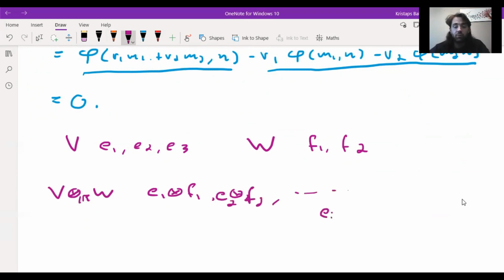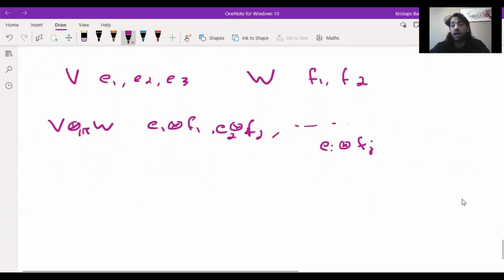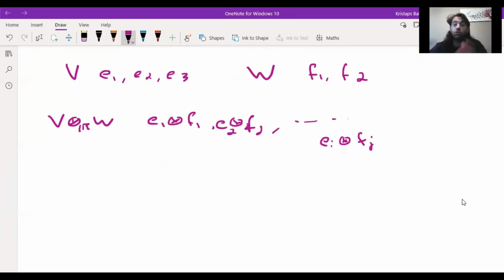So in general, it'd just be the Ei tensor the Fj. This would form a basis. In total, you would have 6 elements. So the tensor product is multiplicative in dimension.